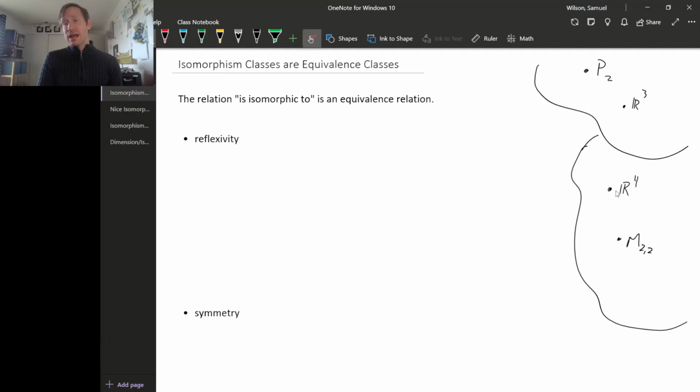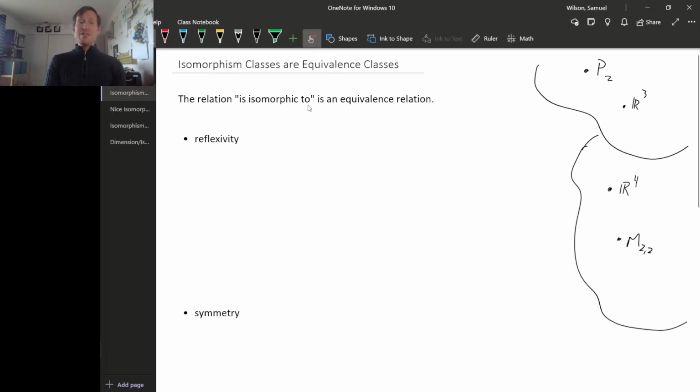But one thing that we can do to maybe get a better handle on if there might be unexpected isomorphisms is come up with some nice characterization of when vector spaces are isomorphic to each other, other than just saying there's an isomorphism between them.